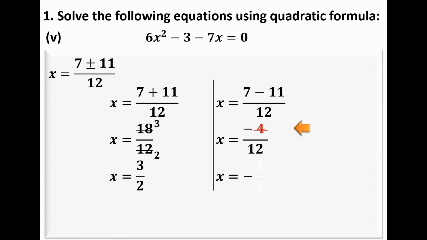This 4 is cancelled with this 12. 4 ones are 4. 4 threes are 12. And this 1 divided by 3 is written here.